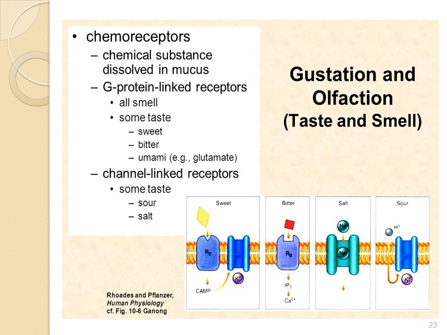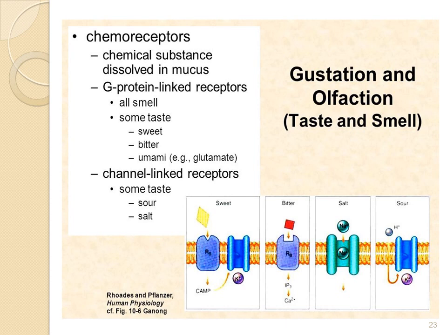So as we said, salty taste is due to the sodium influx, while sour taste is due to the hydrogen acting. You can see in this picture how the G protein linked receptors work in sweet, bitter, and umami, and how the channel linked receptors work in other tastes like sour and salt.